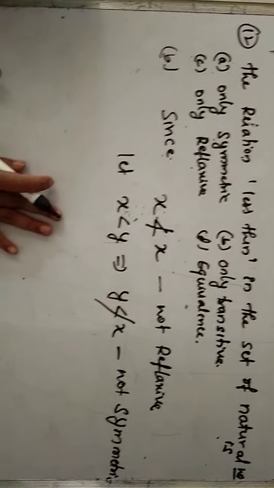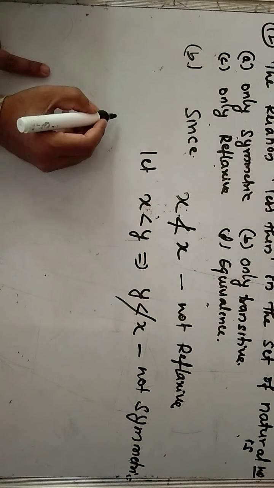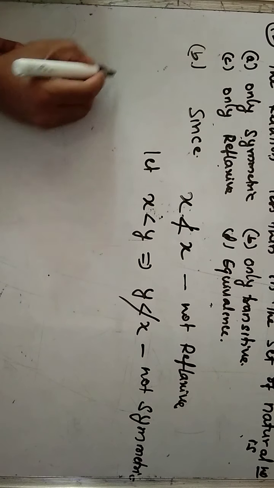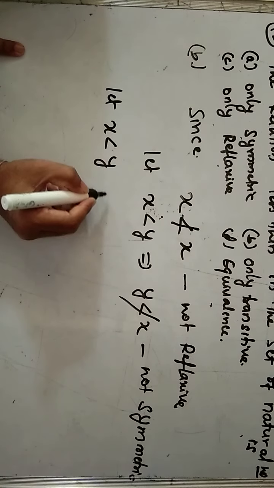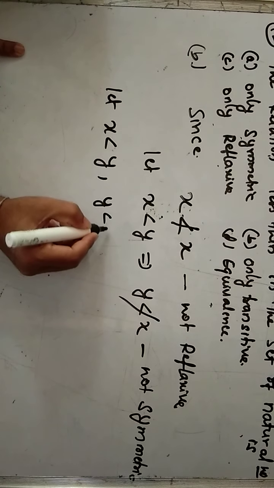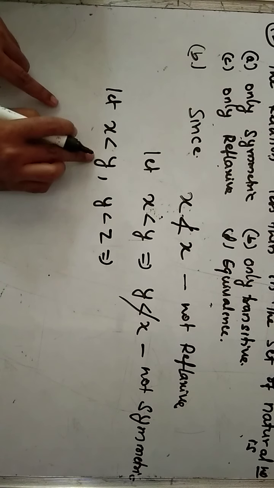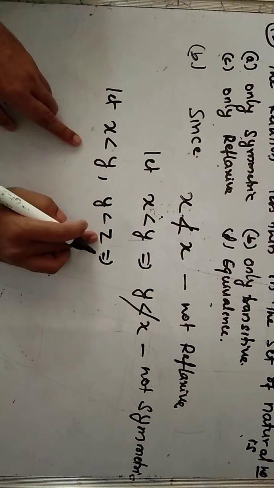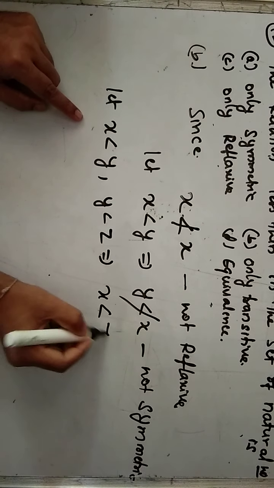Next, the third one, transitive. Whether it is transitive or not. Let x is less than y, and one more, y is less than z. For example, 2 is less than 3, 3 is less than 5, then 2 is less than 5. Yes, x is less than z.